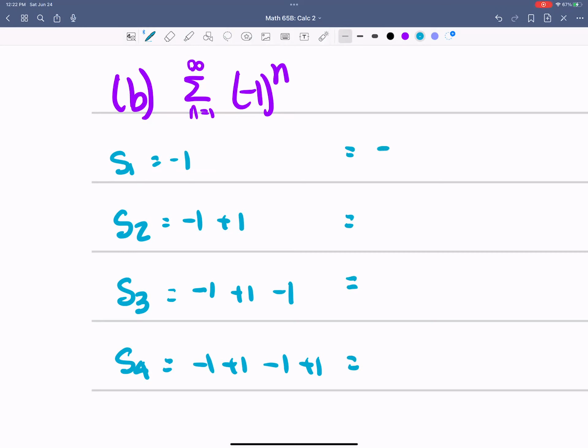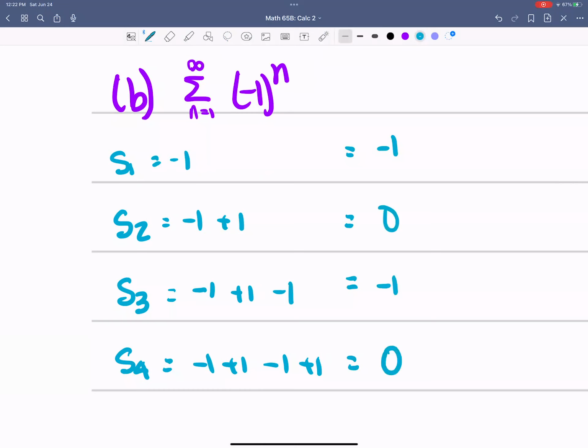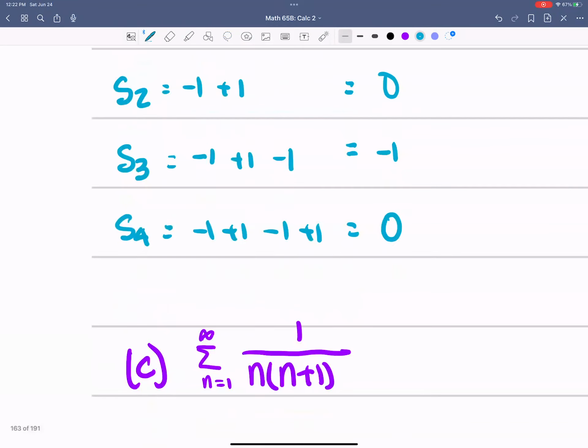Here we get -1. Here we get 0. Here these two subtract out and we're left with -1. Here those subtract out, we get 0. So these are alternating between 0 and -1.